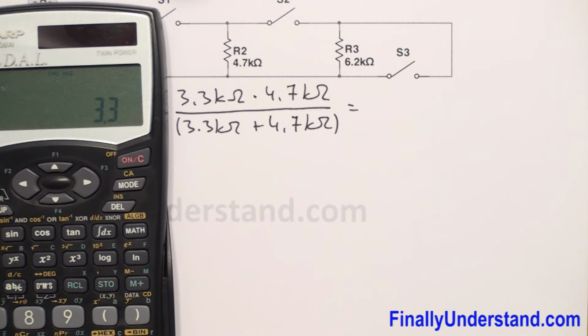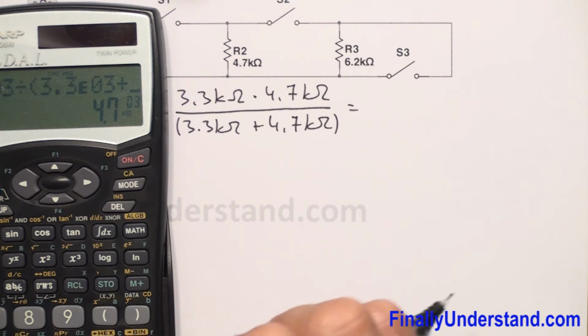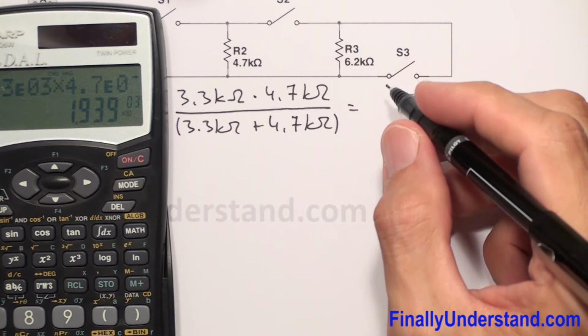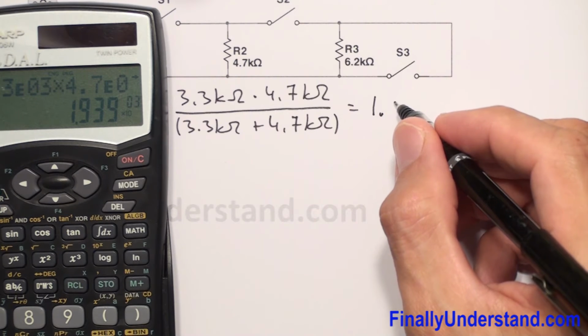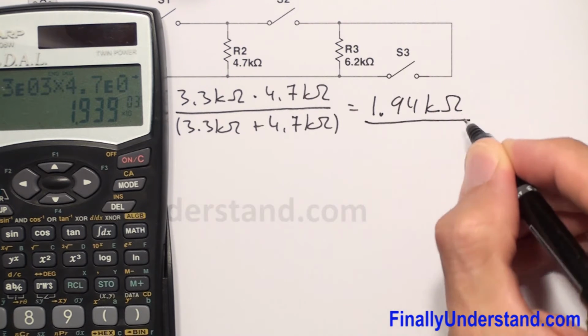So I have 3.3 exp 3 times 4.7 exp 3 divided by, open parenthesis, 3.3 exponent 3 plus 4.7 exponent 3, close parenthesis, equals, this is equal 1.93, I can say 1.94 kiloohms.